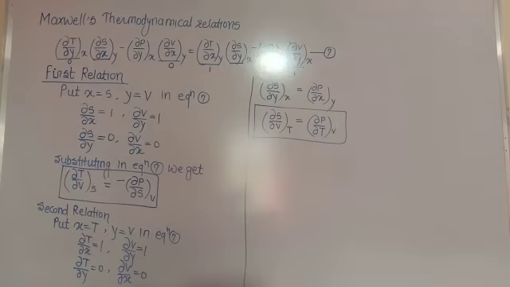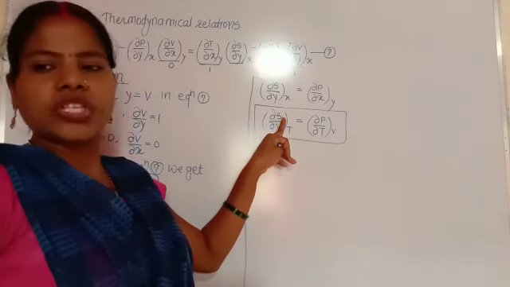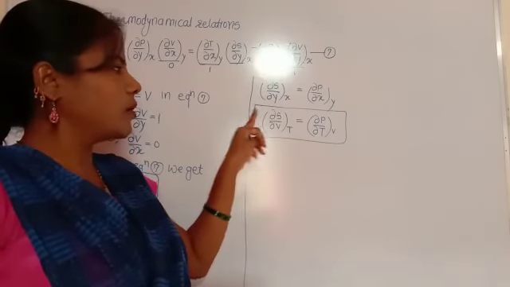This equation shows the physical meaning. Del S means the change in entropy, the increase, here the plus sign.